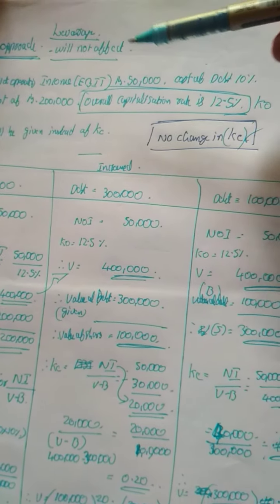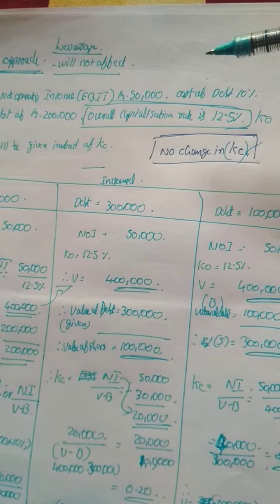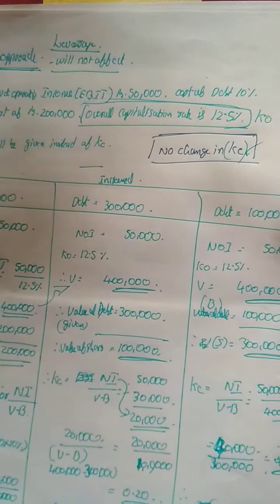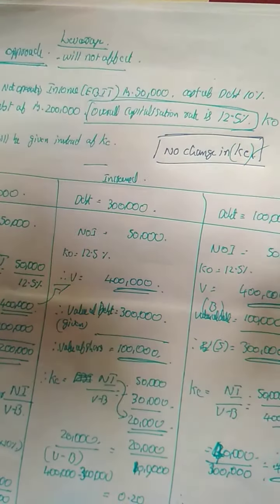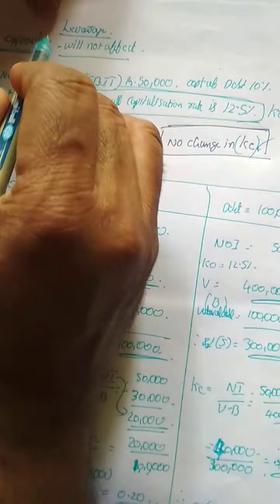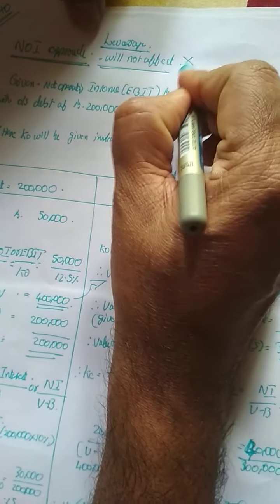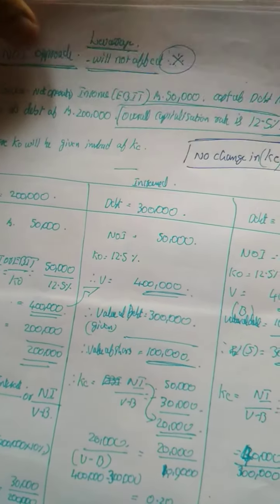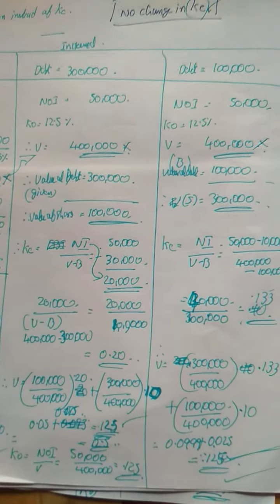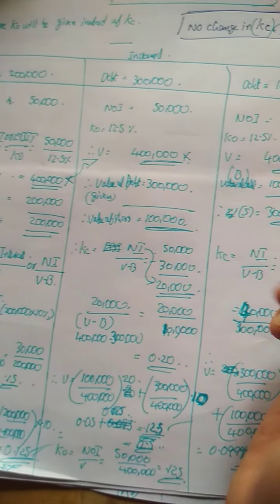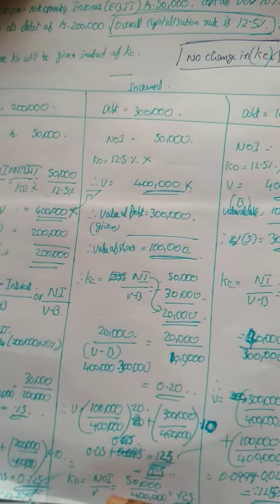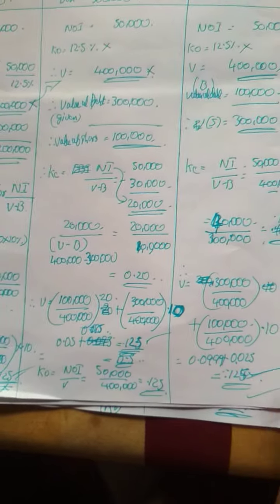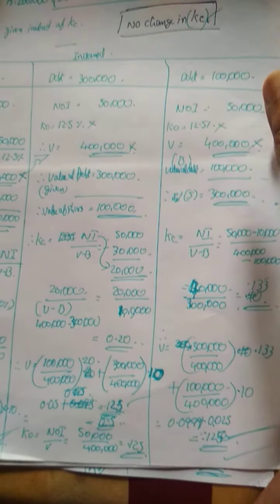But David Durand's net operating income approach specifies that the leverage of the company, or the increased borrowings of the company, will not affect, this is a very important point, will not affect KE, the cost of equity capital, or create any change in the value of the company. KO also remains constant. That is what David Durand's approach specifies here. We could see how it is done.